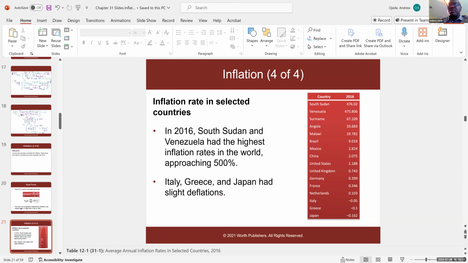Both Venezuela and South Sudan had inflation approaching 500%, the highest in the world. Meanwhile, Italy, Greece, and Japan had slight deflation, because when you calculate changes in price, you get a negative. Deflation is a general price decrease in the economy. In the United States, the inflation was about 1.2%.